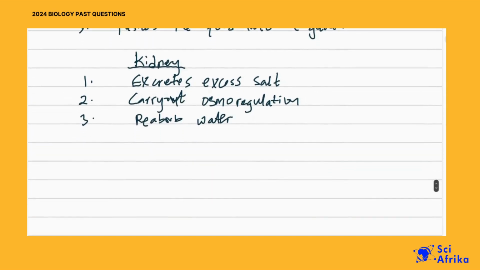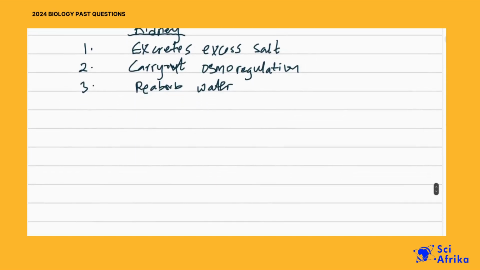Then the next organ that will be playing a role in that digestion is the stomach. What role is played by the stomach in that process? Number one is that the stomach helps to store the food temporarily. So we have temporary storage of food.